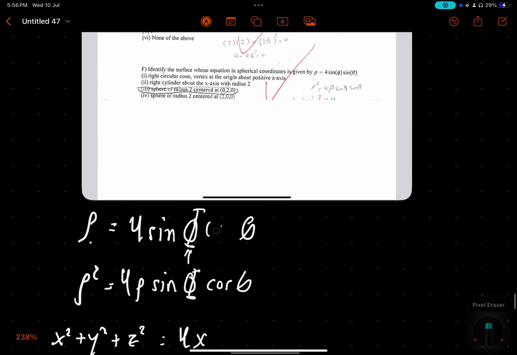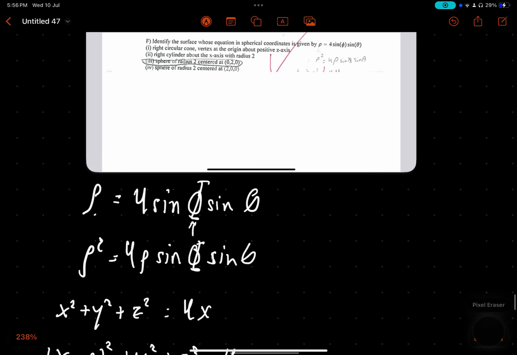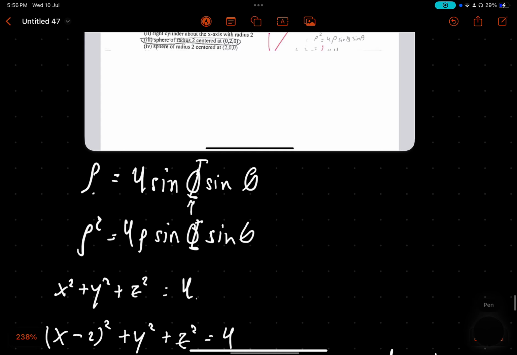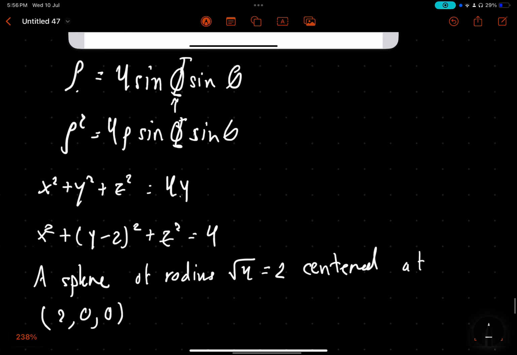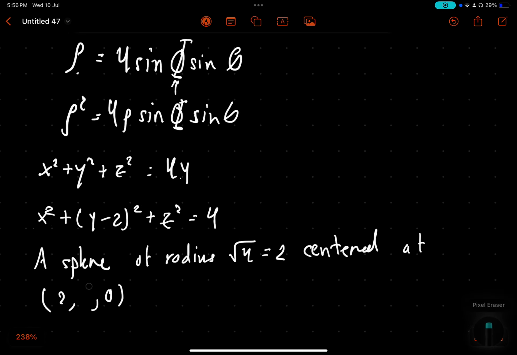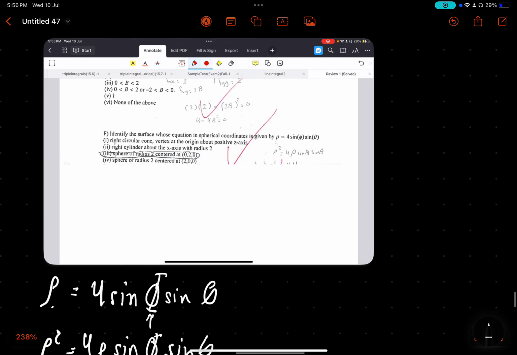It's not a cosine. It's a sine. So sine is gonna be just y, so it's gonna be different. If it was cosine, it's gonna be our equation. So it's x squared plus y minus 2 all squared, and it's the same radius but centered at 0, 2, 0. And that's basically what we get.